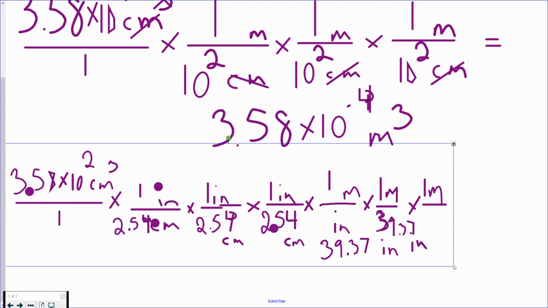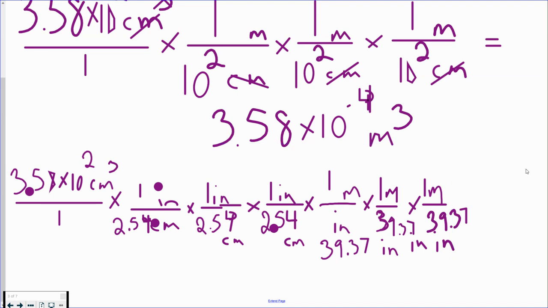That's inches. This is 39.37 inches. So now I have to actually put in some calculations. It's not just simple subtraction of exponents. So get out your calculator and let's see if it's close.